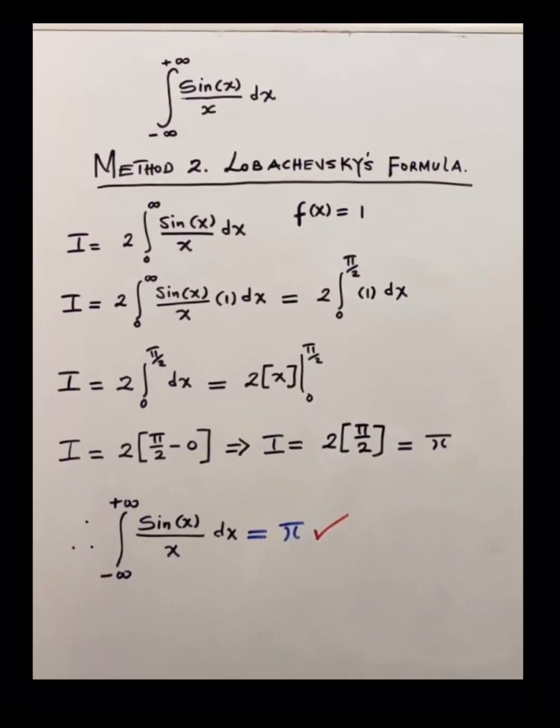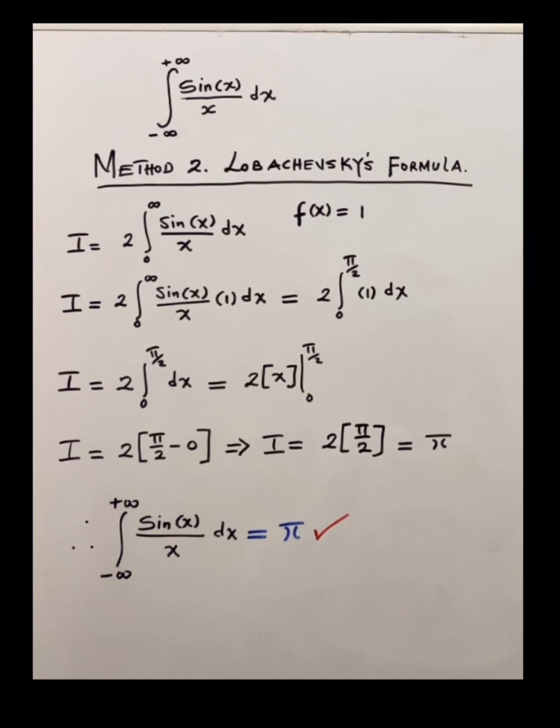Now we already have the integral from minus infinity to positive infinity of sine of x over x dx being transformed, from the first solution, to twice the integral from 0 to infinity of sine of x over x dx. How can we use Lobachevsky formula? In this case, we identify our f of x to be equal to 1, because 1 is a constant.